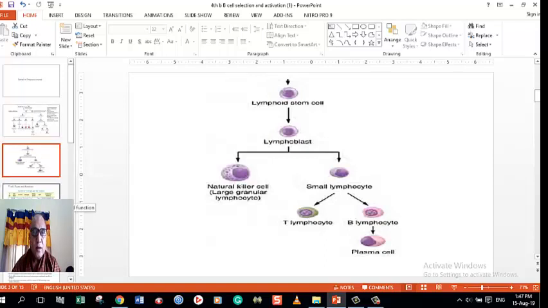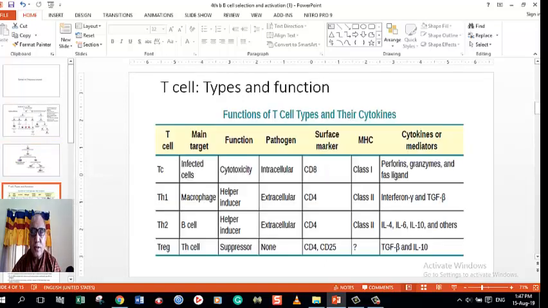Now, in the previous slide, I made incomplete explanations of the T cells. There are 4 different types of T cells: T cytotoxic cells, T helper cell 1, T helper cell 2, and T suppressor cells.